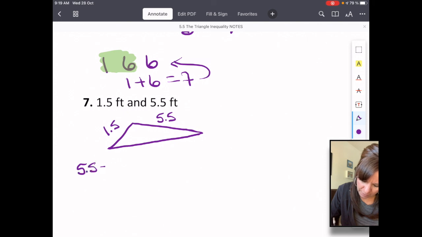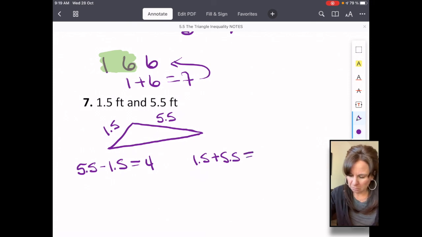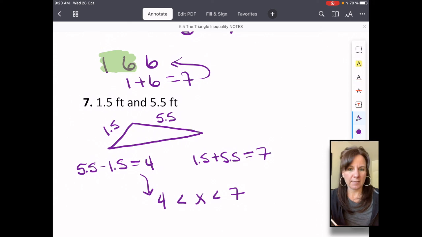So 5.5 minus 1.5 equals 4. Then we'll find the sum. 1.5 plus 5.5 equals 7. So here are our boundaries. X has to be between 4 and 7. That is how the triangle inequality theorem works.